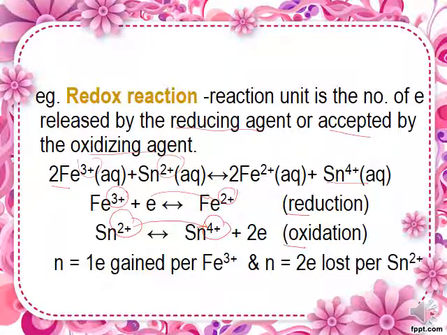The number of electrons gained per iron 3 plus is 1 electron, so the number of equivalents for iron 3 plus is 1, whereas the number of equivalents for tin is 2 because it loses 2 electrons per tin 2 plus. Okay, so that is a redox reaction. The number of equivalents will depend on the type of reaction.